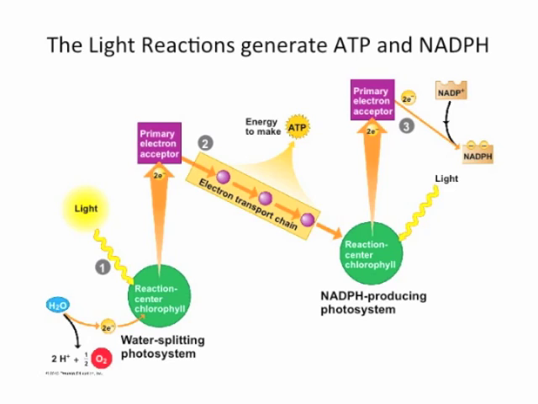So water is split in two, electrons go to the reaction center chlorophyll, and you've produced oxygen as well as hydrogen. So this is where oxygen comes into play. Oxygen is produced really at the first step of photosynthesis. As soon as light hits that reaction center chlorophyll, that chlorophyll is going to pull an electron off of water. Water is going to be split into hydrogen and oxygen.